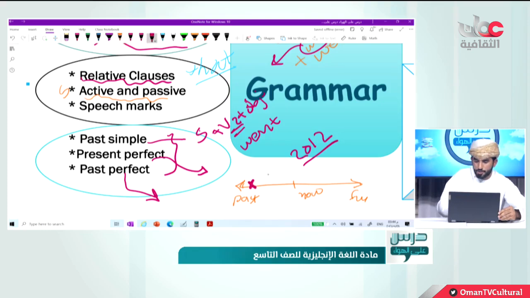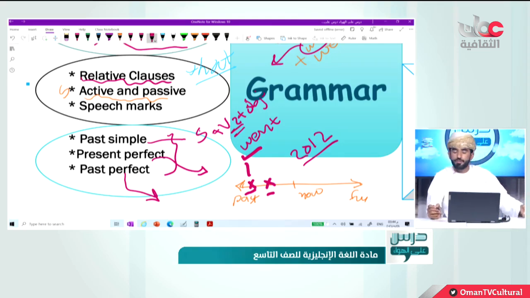You've got two actions, one and two. Which action happened first? Yes, this one happened first and this one happened later. Exactly. So this action, should we put it in the past simple or in the past perfect? Exactly, group C. Past perfect. Correct. What about this one? Past simple. Well done.